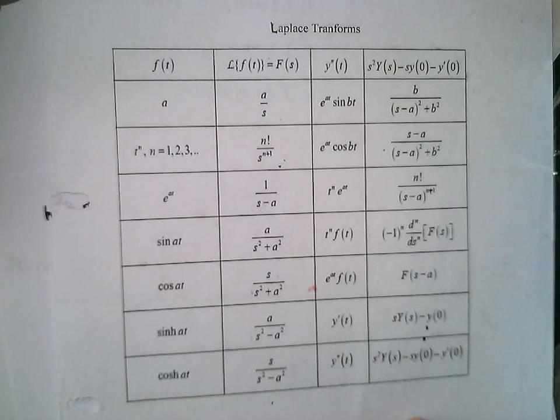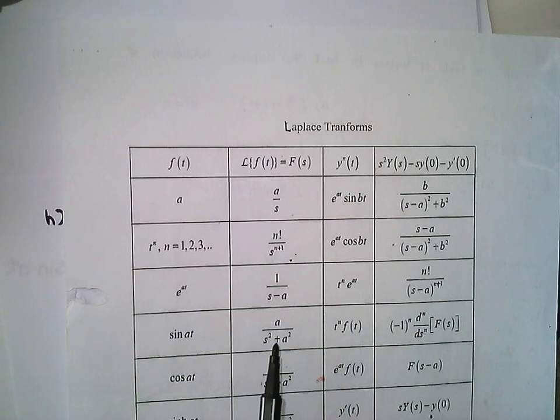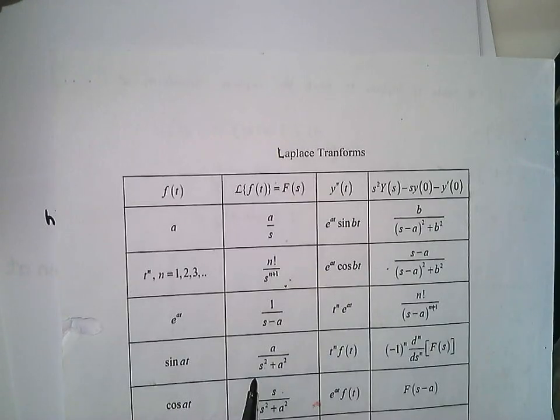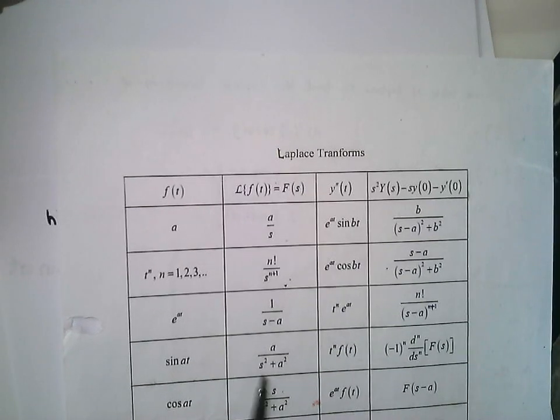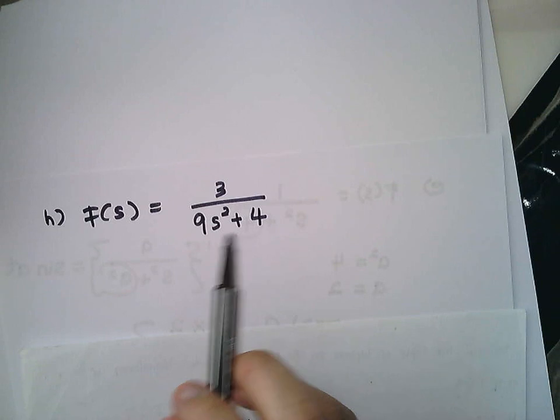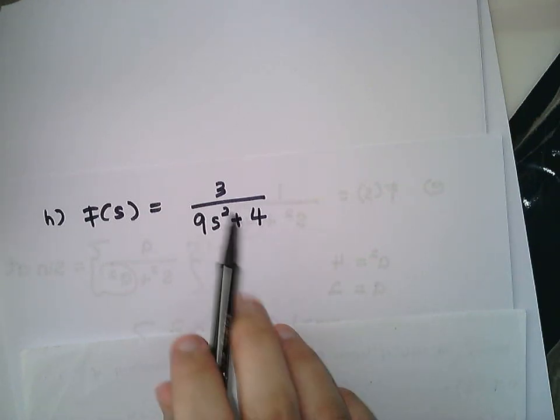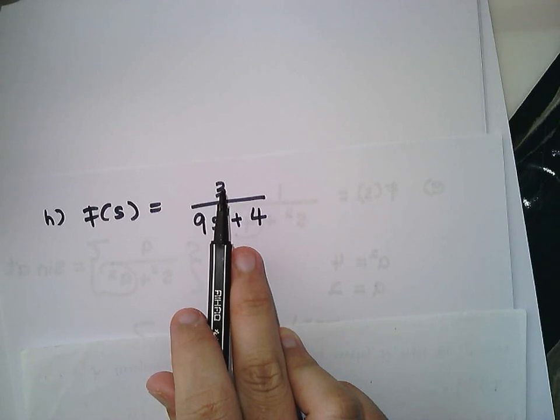So you know that you will have a sine function, a over s squared plus a squared. But again here, the coefficient of s squared should be 1, but what you have is 9. So you need to do something. And a is not equal to 3, isn't it?